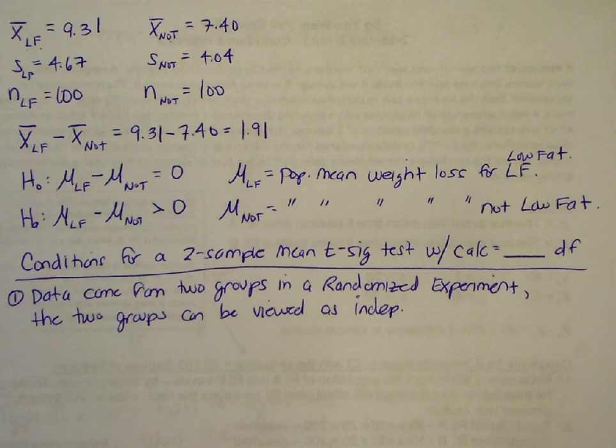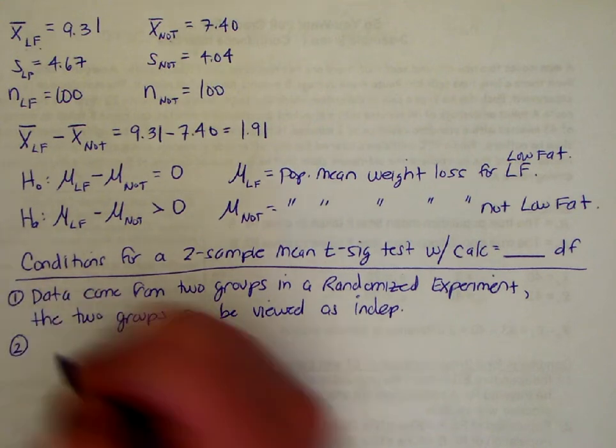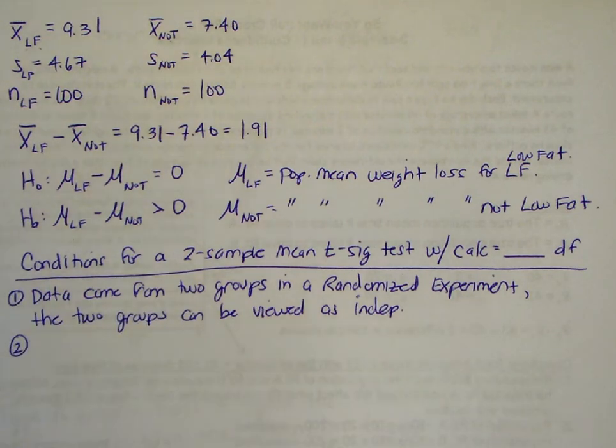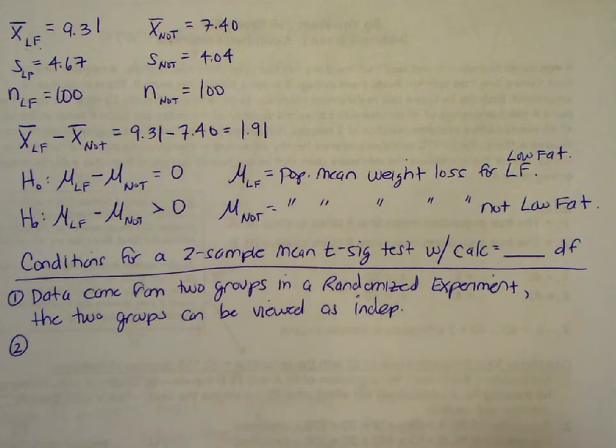And we know we're not even sampling, so all you need to say is now here, the first condition talks about the two groups being separate from each other. The second one is going to talk about the individuals in each group.